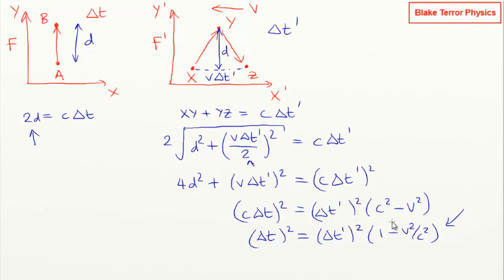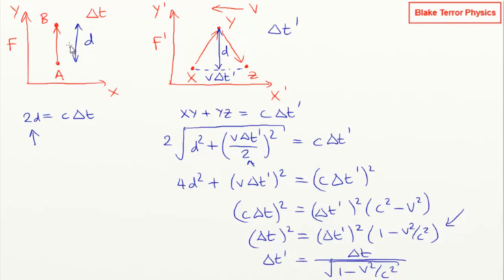This is this Lorentz factor that we've got in all of our calculations. And we want delta t prime to be the subject of this, so it's a pretty simple step from here. Delta t prime is going to be equal to delta t divided by the square root of 1 minus v squared over c squared. So let's just unpick what these delta t's and delta t primes are then.